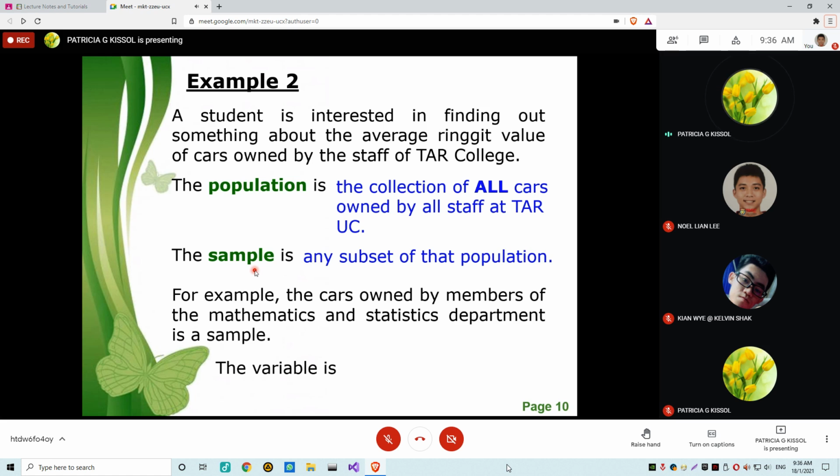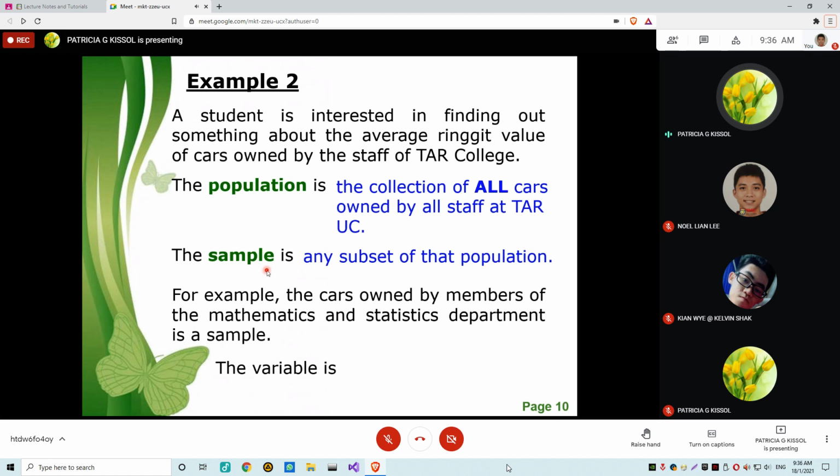In this case, for example, the cars owned by members of the mathematics and statistics department form a sample. Or you can take a sample from the engineering staff, or from the accounting staff.